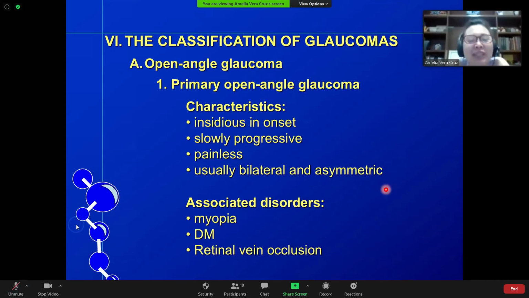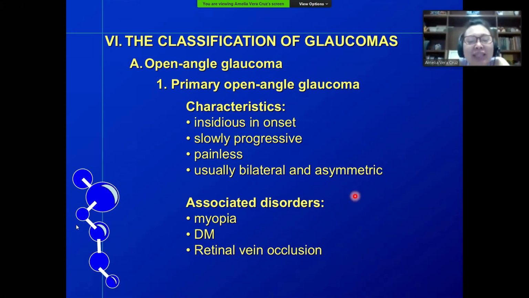Yeah. So, the associated disorders, okay? Yan. Myopia, nearsightedness. Why? In myopic patients kasi, the eyeball is long, the sclera is stretched, so the eyeball will usually appear as soft.